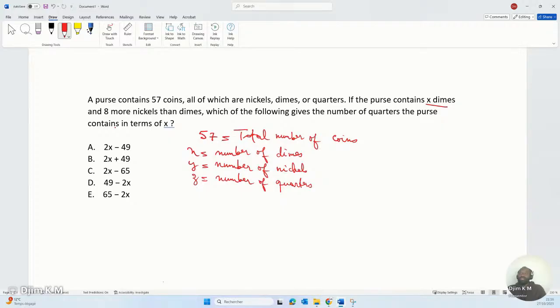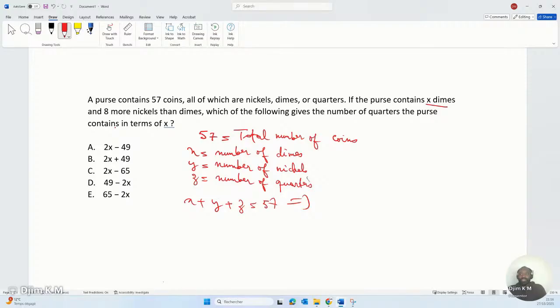And it says that X plus Y plus Z is equal to 57. And it says that the purse contains 8 more nickels than dimes.